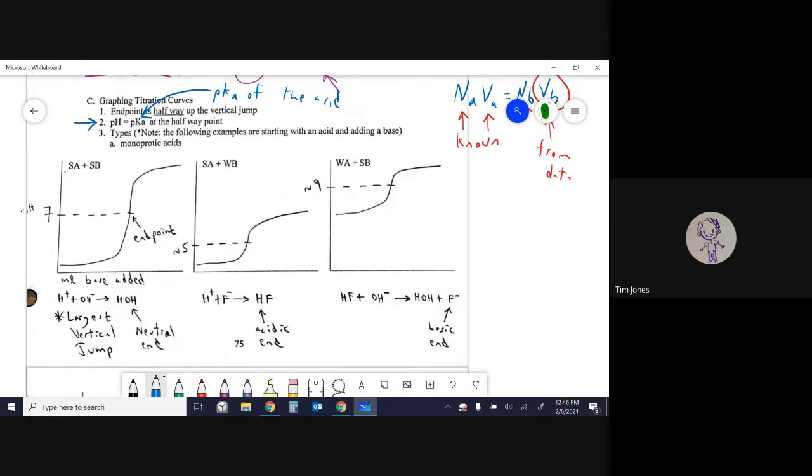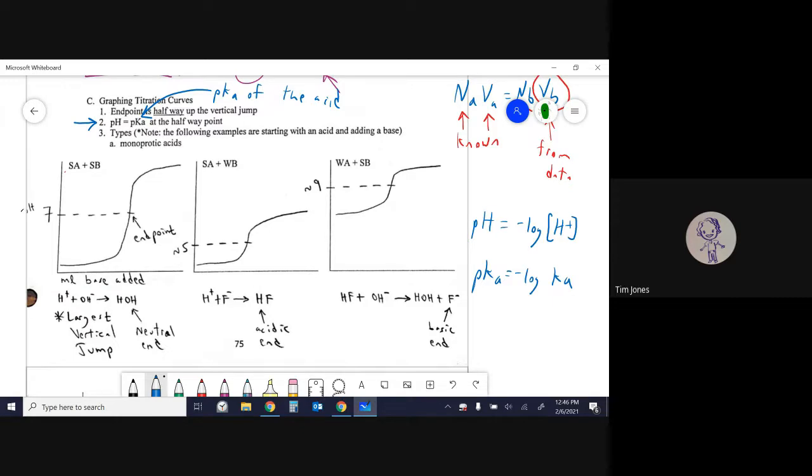So you might be saying, pKa, what the heck's pKa? Well, it's the same thing as pH. pH is the negative log of the hydrogen ion. In other words, it's just a different way of looking at it. pKa is the negative log of the Ka.